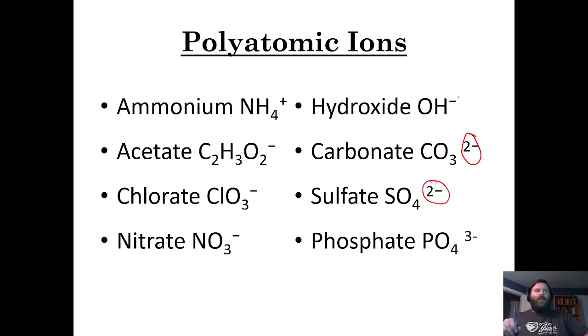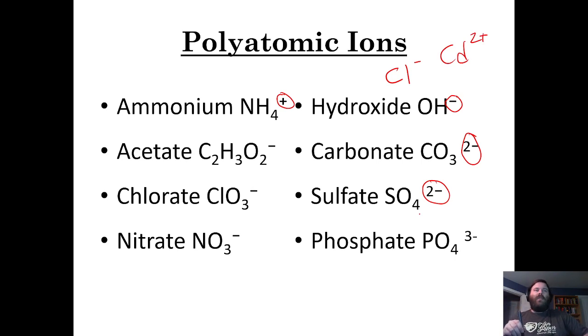Some of them have charges of minus or plus 1. These are ions. They're made up of a bunch of different atoms, but it's the same thing as writing chlorine -1, or, excuse me, cadmium +2.